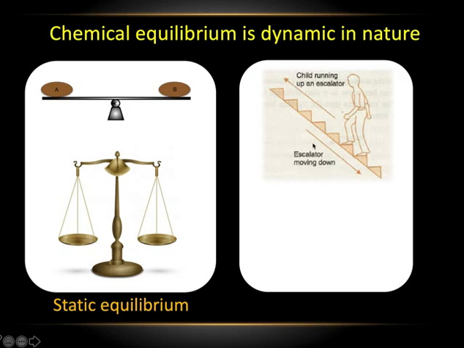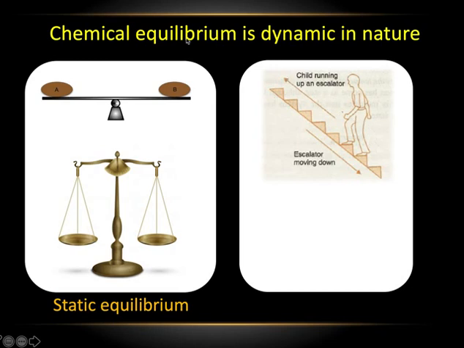Say the escalator is coming down at a certain speed X, and this person is trying to go up. If his speed is less than X, the escalator will pull him back and throw him down. For this person to cross over, the only way is if his speed is more than X. If it is more than X, he will gradually go up and can cross over.